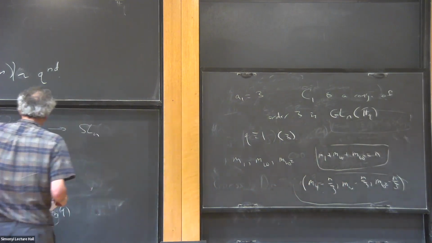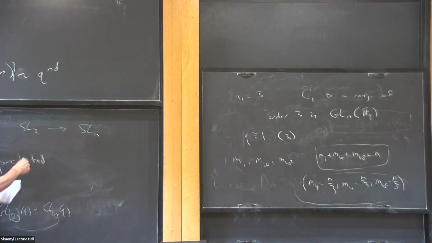So if I start off with SL2 and I have an element which has, let's say, eigenvalues omega and omega squared, and these are cube roots of unity, and I take representations in SLN, as long as I'm taking a representation given by a partition, as long as the parts of the partition are large, like I'm taking symmetric powers of this, the eigenvalues will be well distributed.